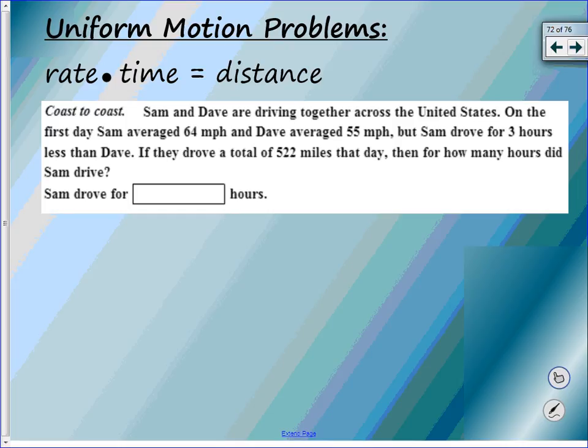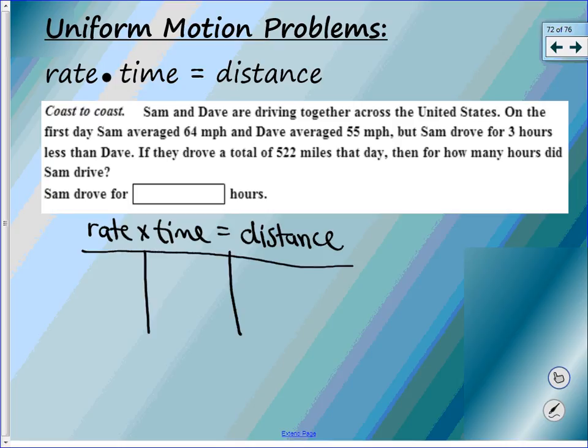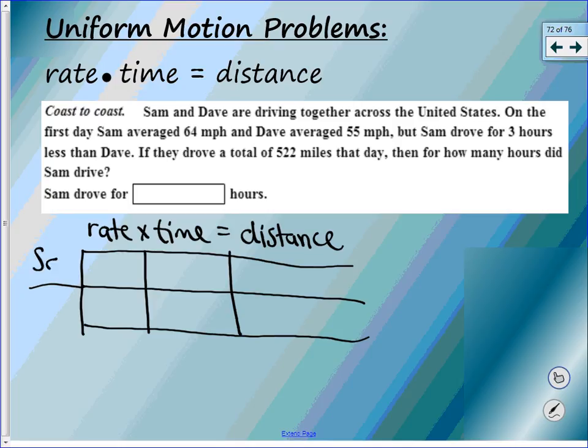Okay. So let's set up our table. And again, in the table, I'm going to write rate times time equals distance. But in this case, instead of one person driving, we have 2 people driving. And we know how fast they were driving.